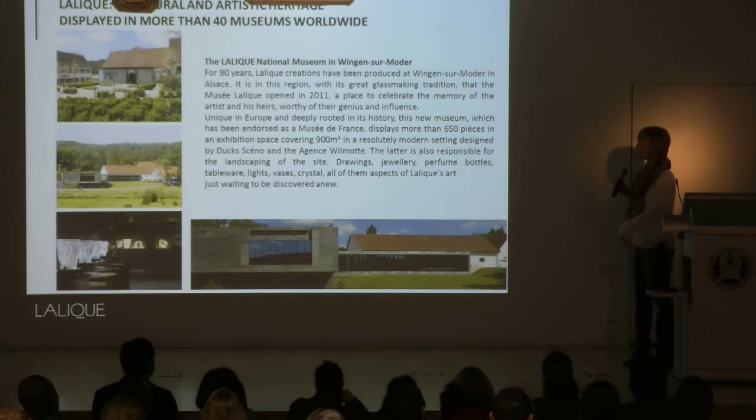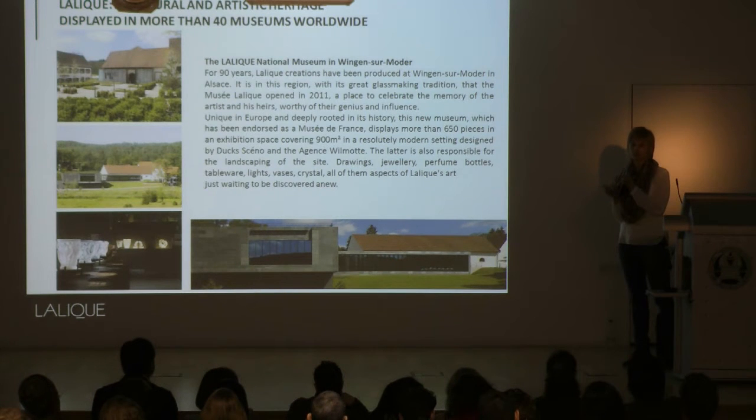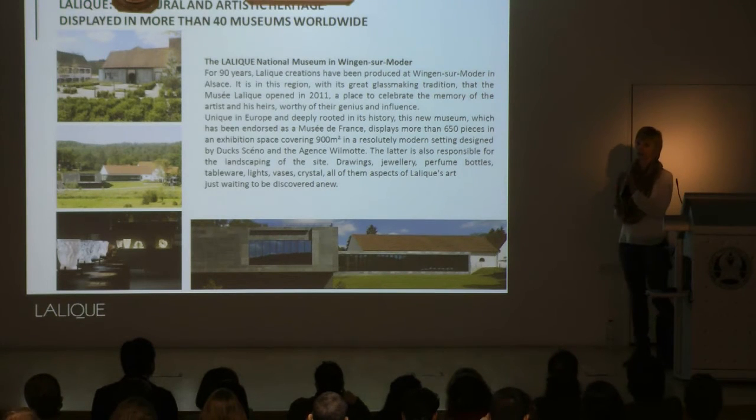They brought a long tradition into that. That's the reason he decided to found the manufacture there, because people already knew how to work with glass, and they were able to bring his ideas, his designs into real sculptures in the end.